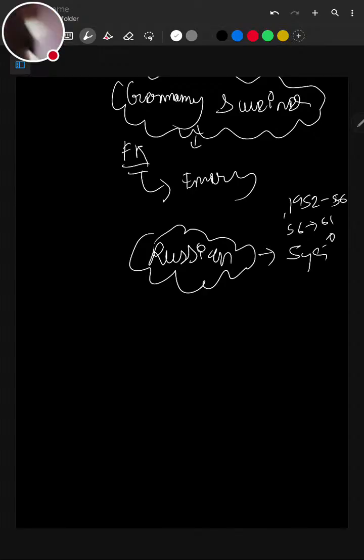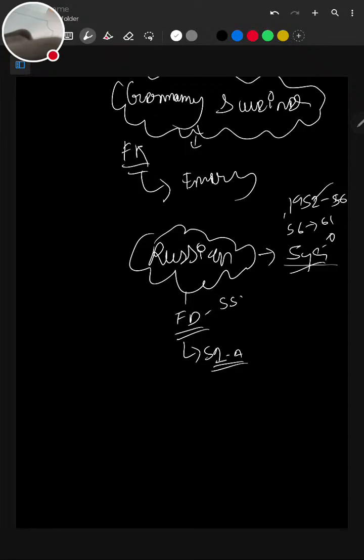So those are the 5-year plans, the first one for agriculture, then industrialization, then your LPG, liberalization, privatization, and globalization. That is Russia, and then fundamental duty, which is in your 51st Article, Part A. And fundamental duties were brought up by the Sardar Swaran Singh Committee.